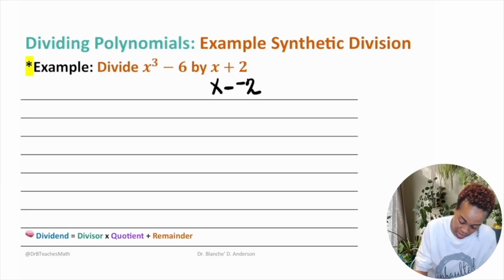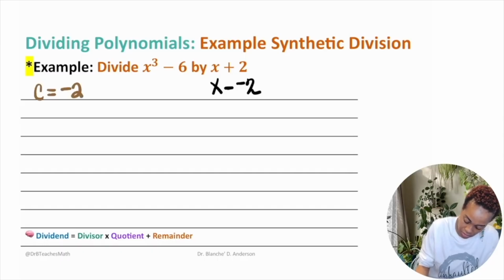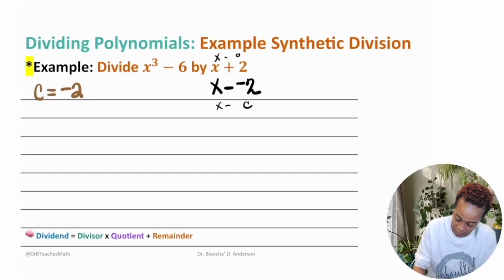So when we're looking at this one, what is our c going to be? Our c is going to be negative 2. And how did I find that? Because remember, this has to be in the form of x minus c, and then this is our c. So that's where that's coming from.